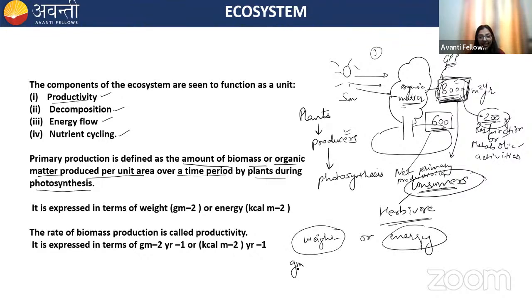For weight, the unit is gram per meter square per year. For energy, it is kilocalorie per meter square per year. So the productivity can be expressed in weight as well as in energy.